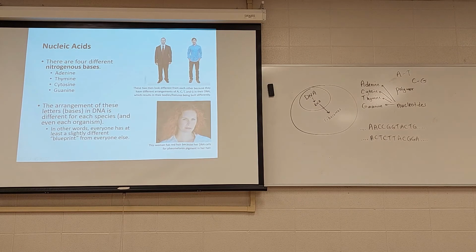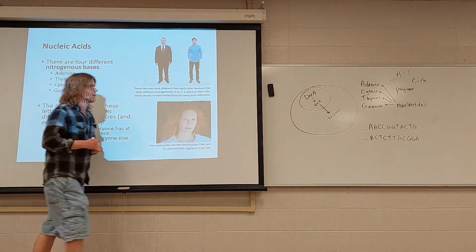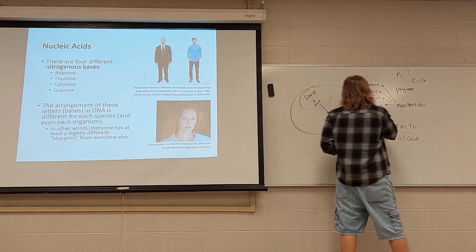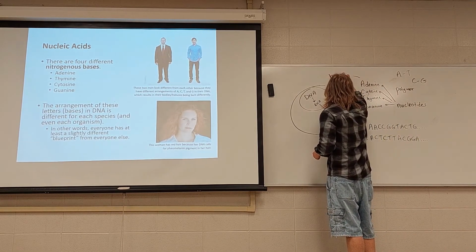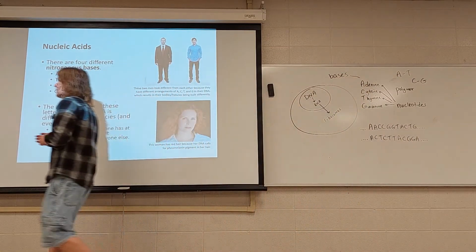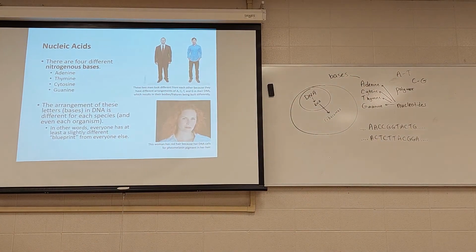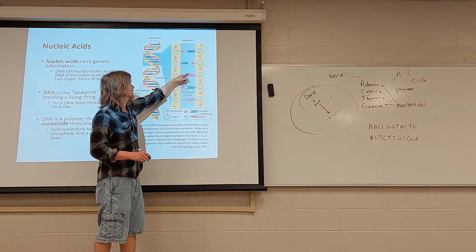Here we go. This is summarizing what I told you. There are 4 different letters. The technical term for these, by the way, is nitrogenous bases. So here, to avoid confusion, let me go back. This is a nucleotide.